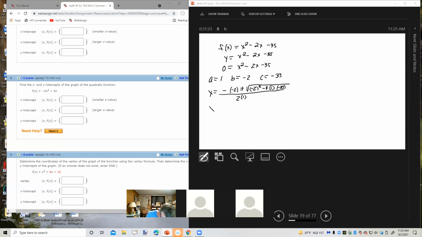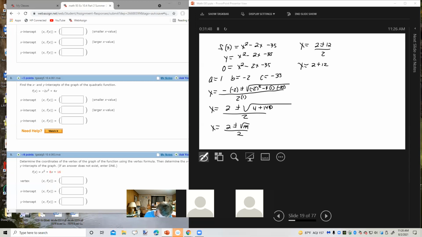Okay. X equals 2 plus or minus the square root of 4 plus 140, all over 2. X equals 2 plus or minus the square root of 144 over 2. The square root of 144 is 12, all of that over 2.